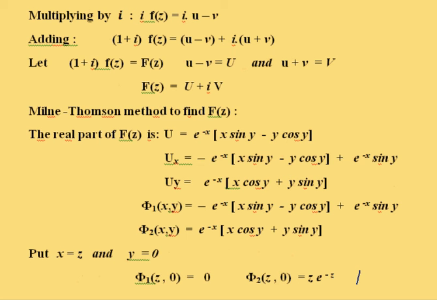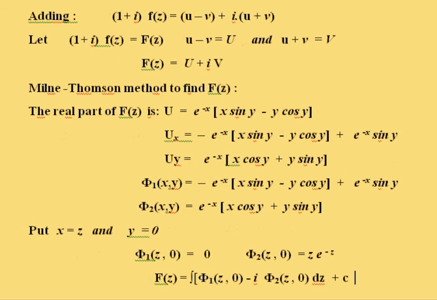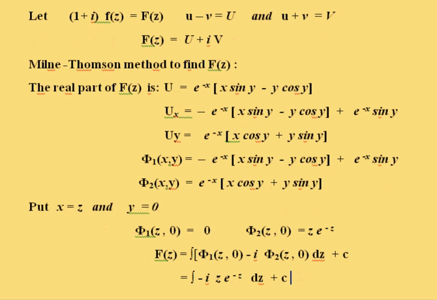Now according to Milne's method, the complete analytic function capital F(z) is equal to integration of phi 1(z,0) minus i phi 2(z,0) dz plus c. Put the values and integrate with respect to z, we will get capital F(z). phi 1(z,0) is equal to 0, so it will become minus i z e raised to the power minus z dz plus c.